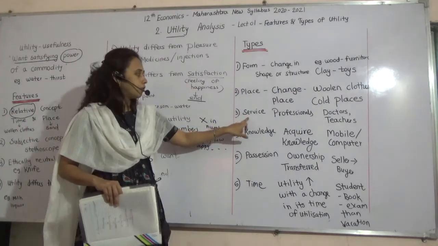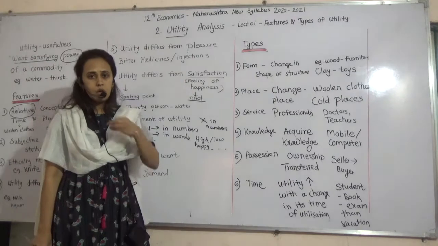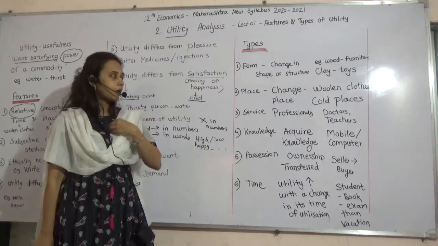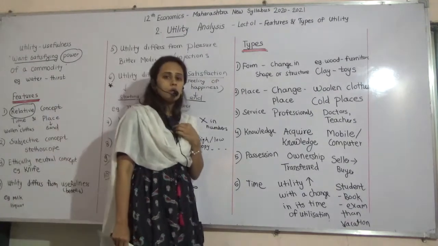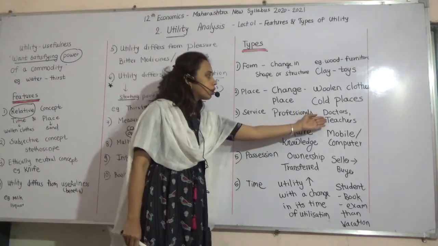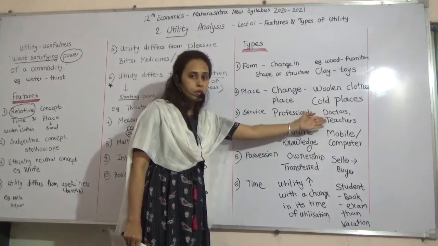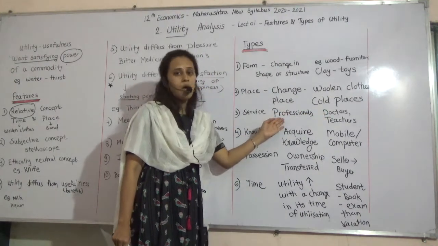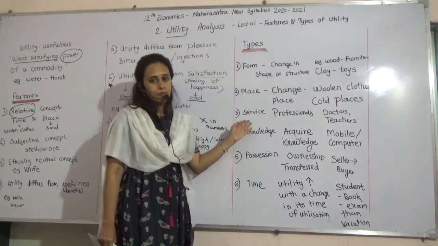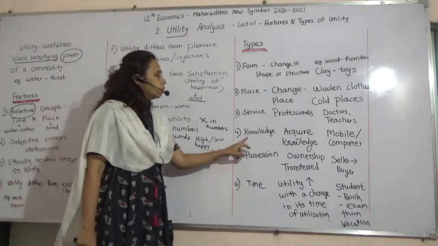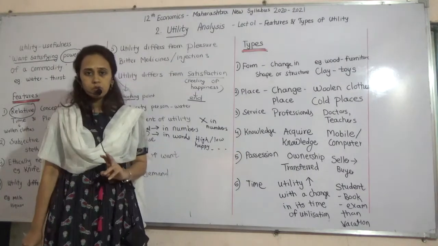Next is service. Now what is service utility? I am teaching you. I am a teacher. I am providing you the service, that is called service utility. Or doctor, or lawyer. All these are professional people and they give us utilities. Which type of utility? Service utility. Next is knowledge utility. What is knowledge utility?